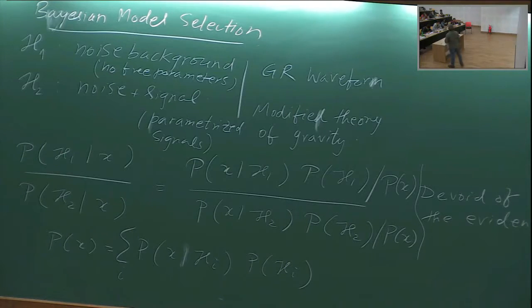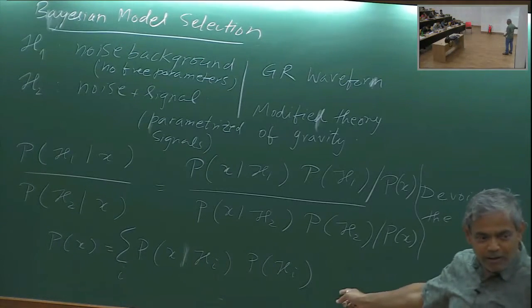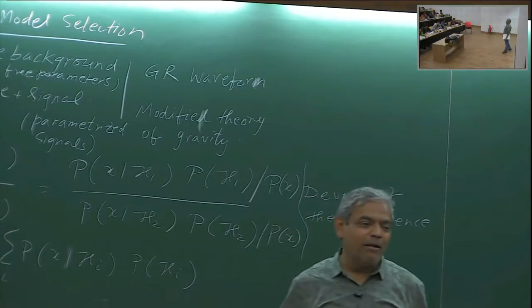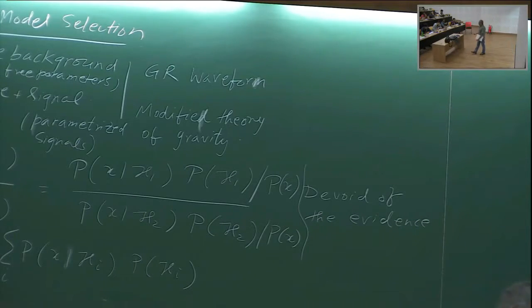And therefore, we don't need to compute this, which is a very difficult quantity to compute, especially when you don't have all the models. And therefore, not having to compute it is a convenient thing. Basically, what we are saying is, I'm not looking for the probability of a particular model, but which of the two models is preferred. In fact, it might turn out that neither of those models is preferred compared to a third model.